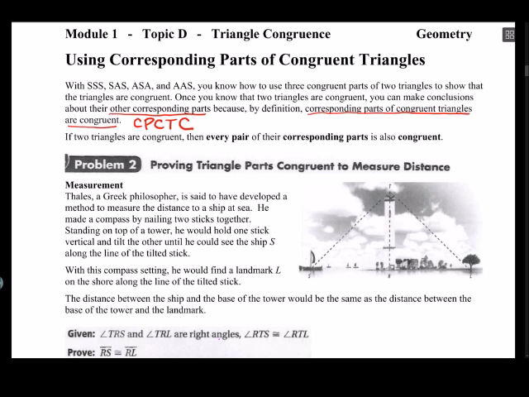But for triangle congruence, we use CPCTC. The main idea here is that if your triangles are congruent, then every pair of corresponding parts, this will be sides and angles, will also be congruent.